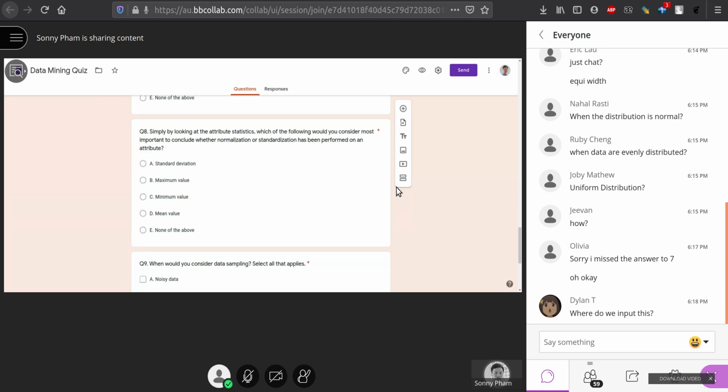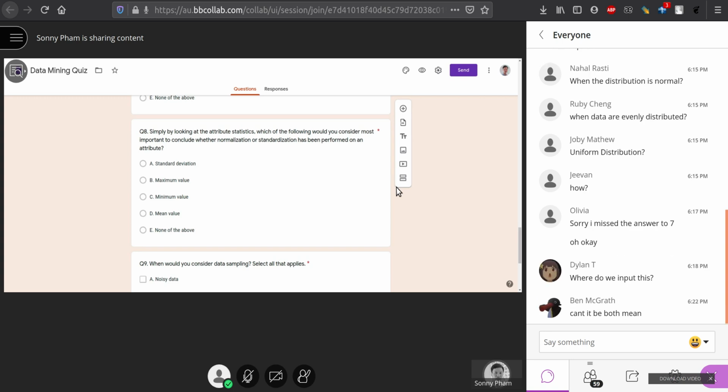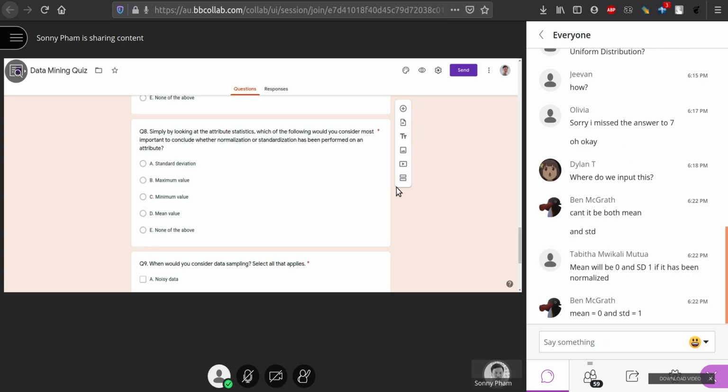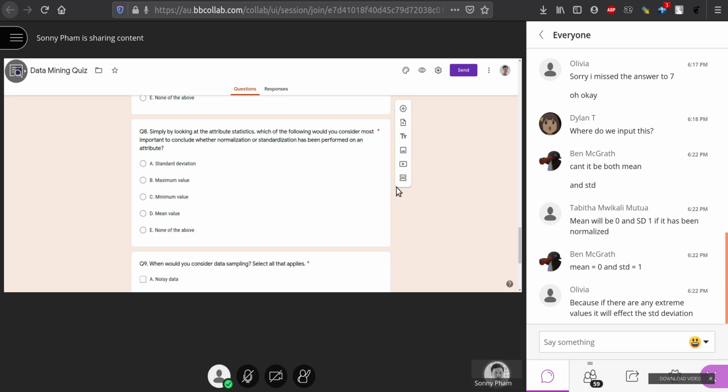Some of you selected standard deviation. Can you explain why you selected standard deviation? What I mean here is, if you have to select only one, and you try to make sense of whether normalization or standardization has been applied, it will depend on people.